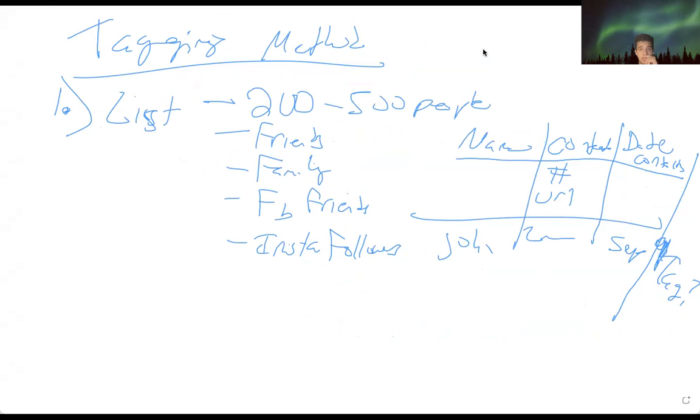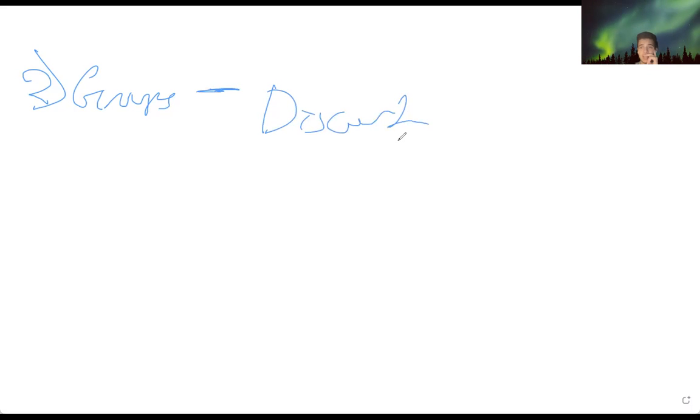The next method is groups. We talked about providing value in groups. In the group, what you could post is, hey, I just started my credit repair business, looking for a couple of customers, and I'm willing to discount prices for my first 10 customers that provide me with a testimonial.